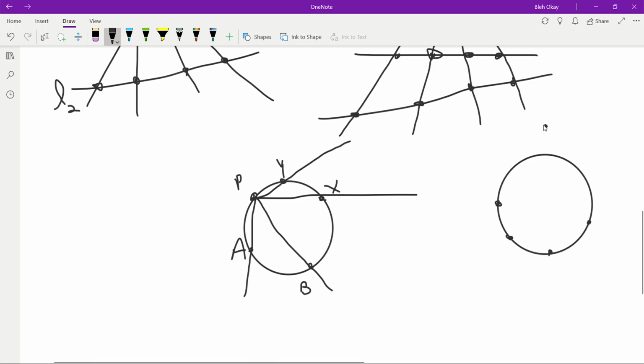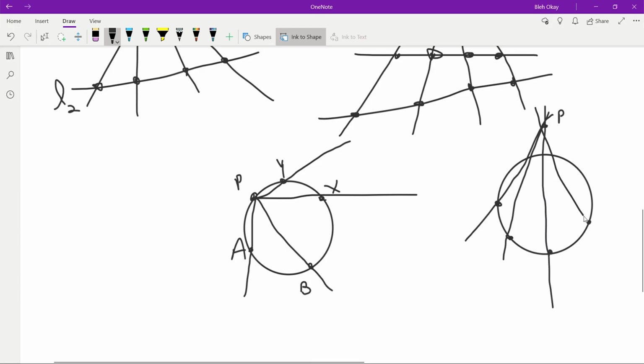I tried. And if we have a point P that's not on the circle, but we draw, let's say, these lines from P to our points.